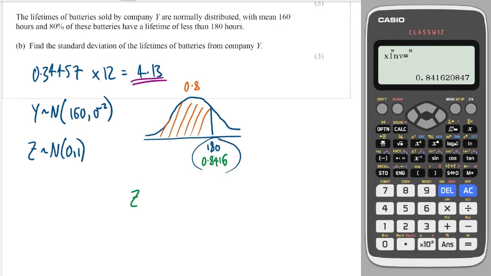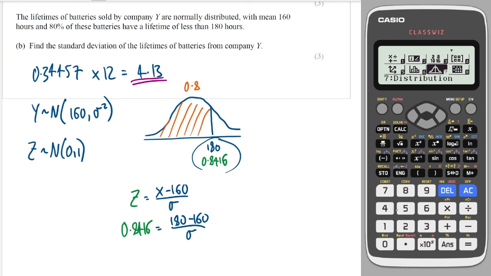So we say the Z is equal to X minus mu, and mu is 160, over sigma, and we know that Z is 0.8416 and X is 180, so minus 160 over sigma.